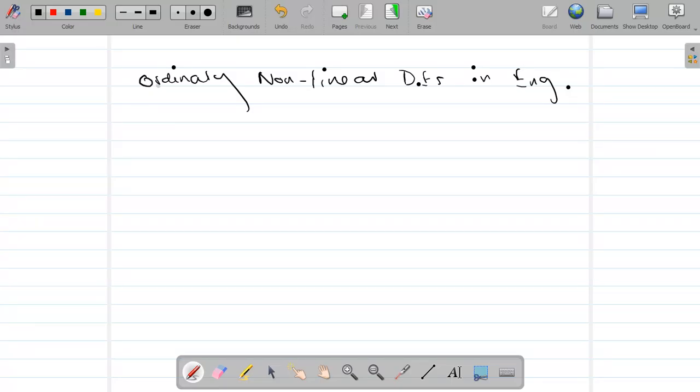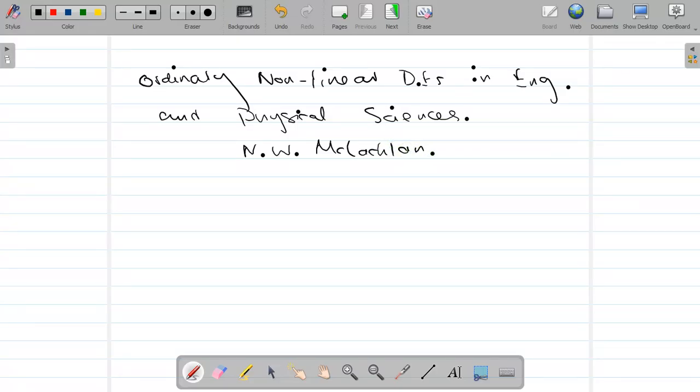So you want to get the book Ordinary Nonlinear Differential Equations in Engineering and Physical Sciences. All right. And that is by the author N.W. McLachlan. I think it's a Scottish name.